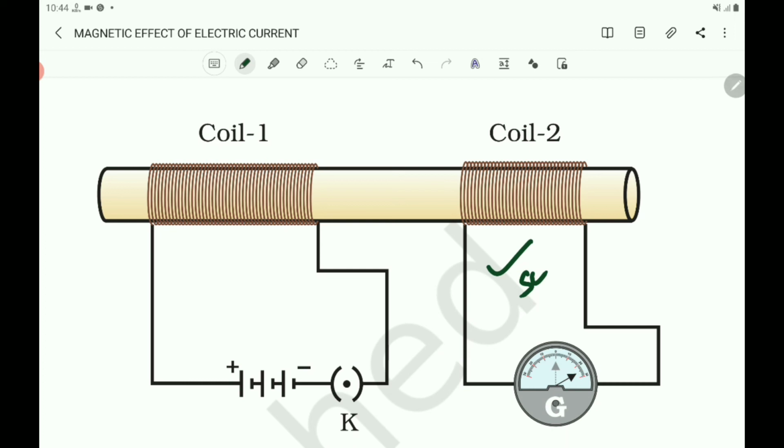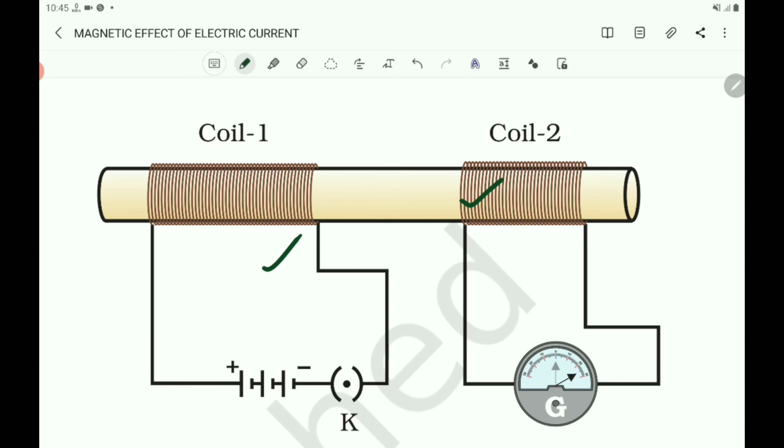Here, the electric current is passed through the first coil. Change of electric current is in the first coil, and change of magnetic field is also in the first coil. But here this is a coil near to the first coil. So the magnetic field around this second coil also changes, which is the cause of induced electric current in it.